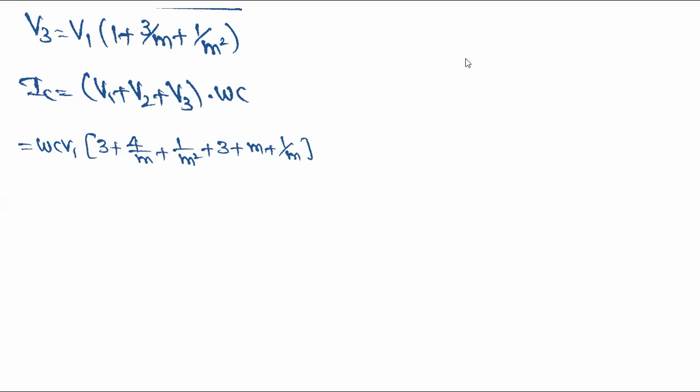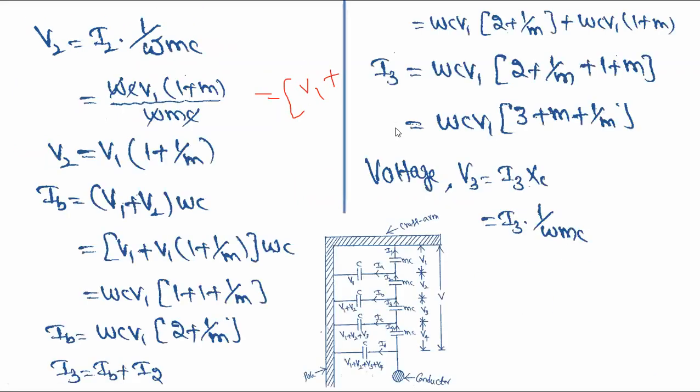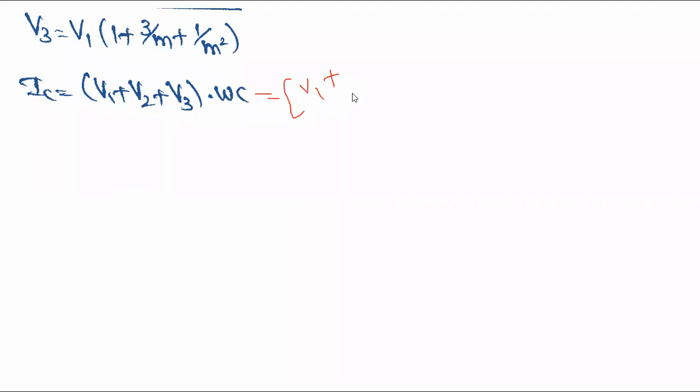That is V1 into 1 plus 1 by m. What is the V3 value? That is V1 into 1 plus 3 by m plus 1 by m square into WC.